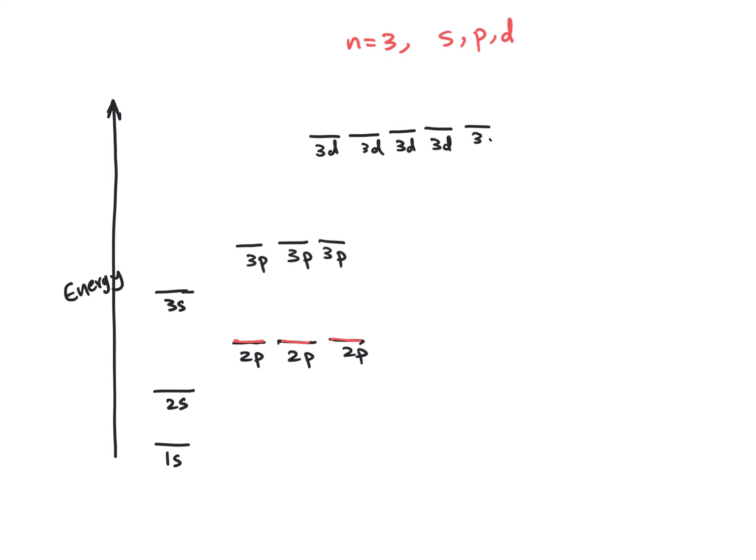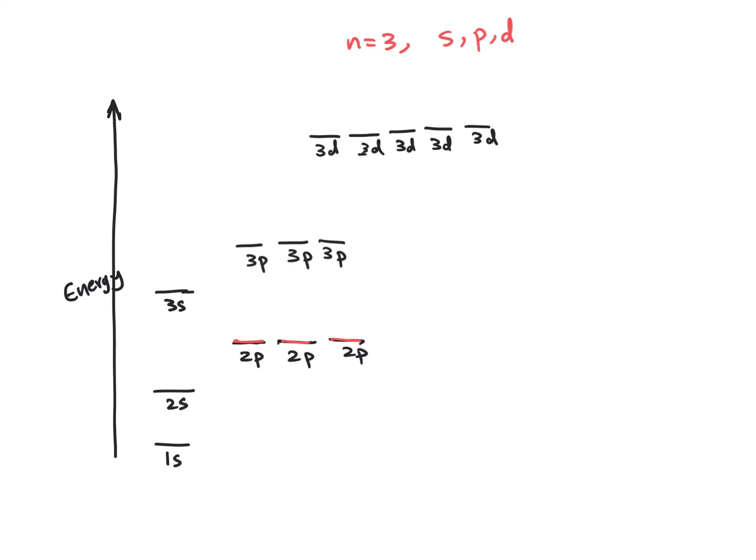I'm not going to ask you the shape, but I asked you to remember that in the d subshell, we have 5 d orbitals. Remember the configurations that I showed you, that I told you I don't want you to know? But there were 5 of them, depending on the geometry they had. We have 5 d orbitals.